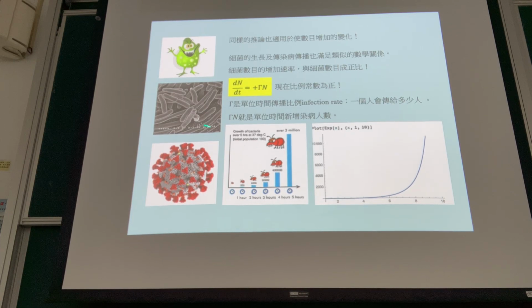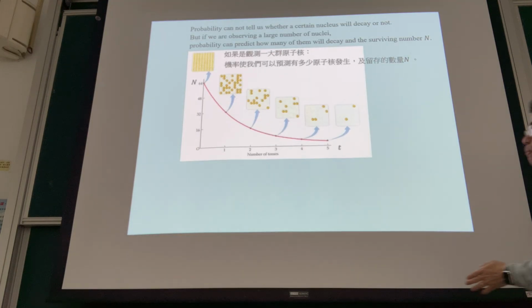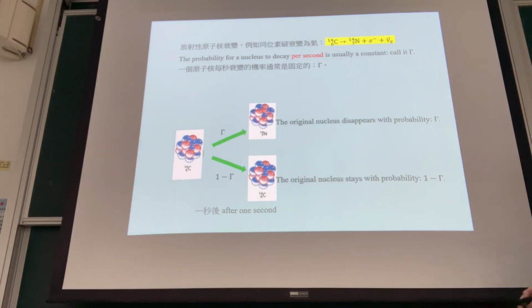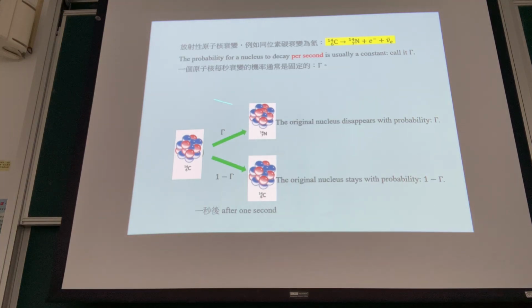When a germ or COVID or microscopic object grows, it also satisfies almost the same mathematical relation, because for every virus, the chance for it to grow is identical, just like the probability for a nucleus to decay is the same.